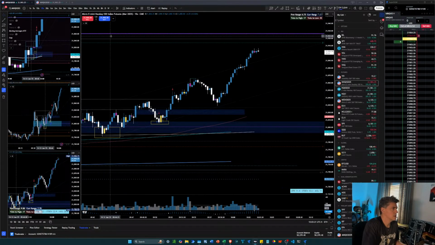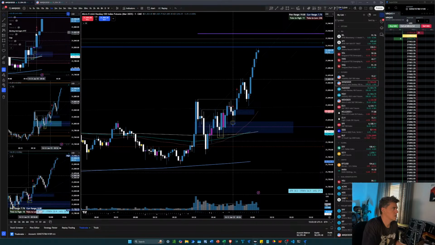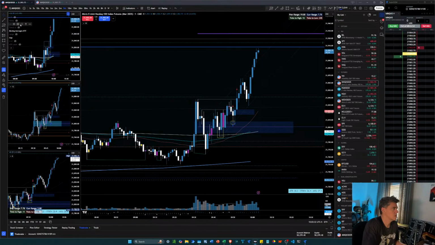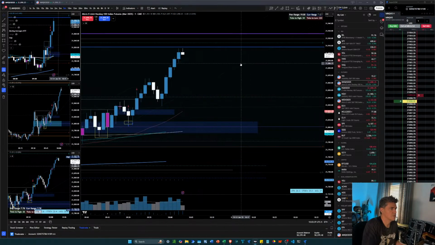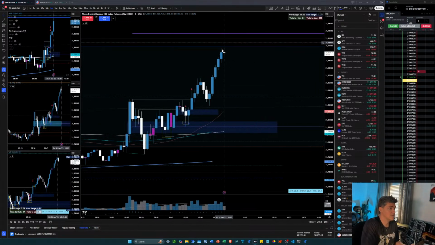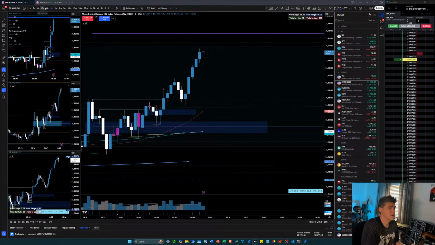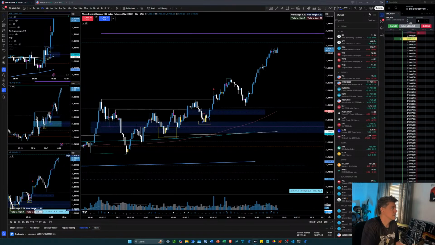The gap, is it going to print on the 5-minute? The gap line is lining up perfectly with the top of the new week opening gap. And we do have some possible exhaustion activity here. And we're at a psych level. Very interesting. Boom, we just tagged that gap.